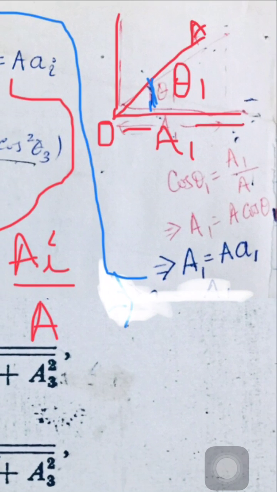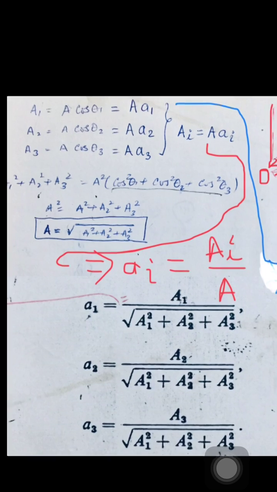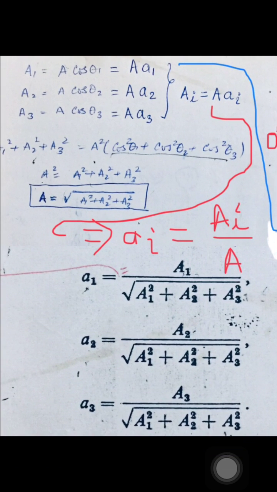And in our earlier slide, cos theta 1 is the direction cosine, denoted by small a1. So A1 is A times a1. Similarly A2 is A a2, and A3 is A a3. By combining these three, we can directly say Ai is A ai, that is the general index notation.